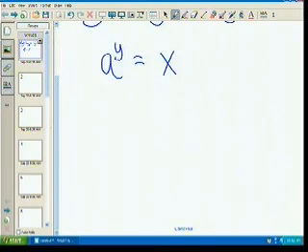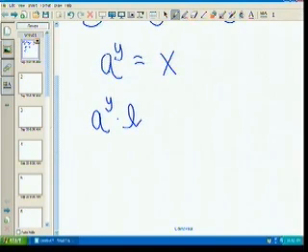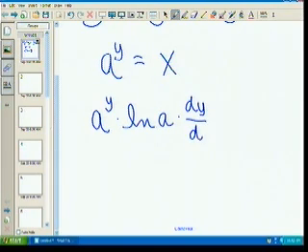So what is the derivative of a to the y? The derivative of a to the y is a to the y times the natural log of a, and we haven't used this one for a while. And then there's some more because the exponent is y. Since the exponent is y, we take the derivative of y with respect to x.